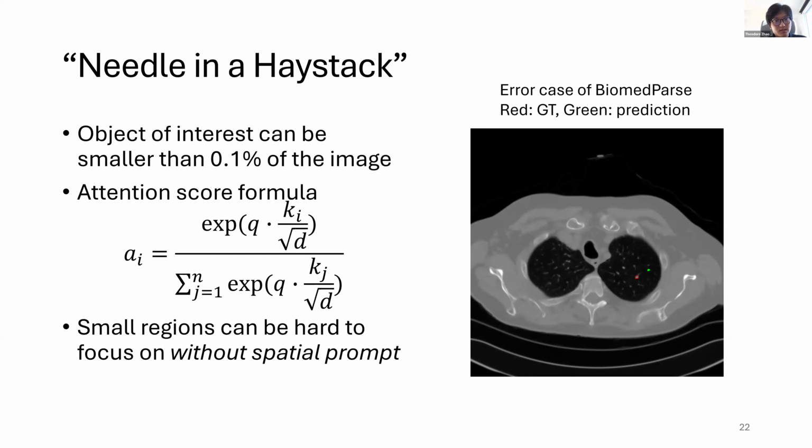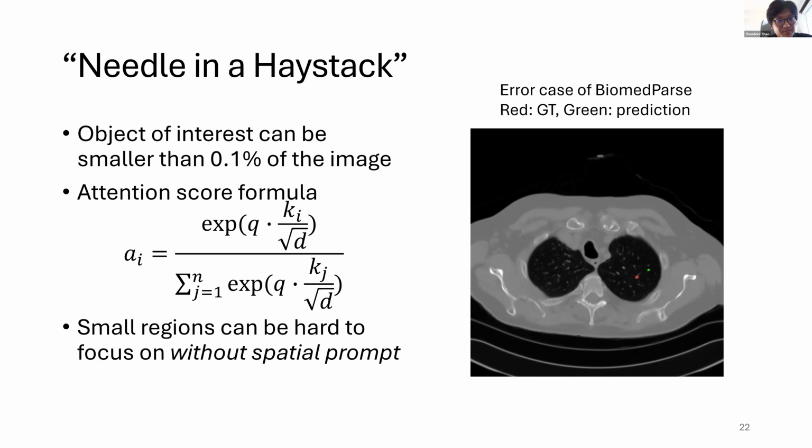So what's the reason for this failure? If you think about it from the transformer or attention mechanism perspective, it is a problem of a needle in a haystack. In medical image segmentation, a lot of times the object of interest can be smaller than even 0.1% of the image, and in this specific case, I believe it's even smaller.